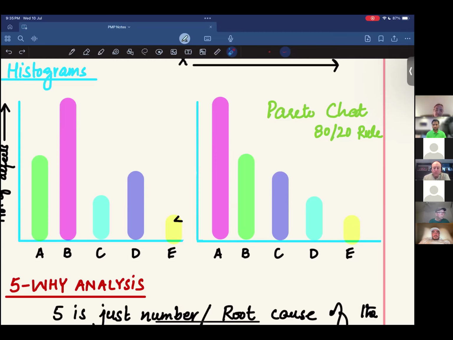For example, if type A defect is occurring 100 times and type E defect is occurring 3 times, there is no point in focusing on type E. You should focus on A. So to determine where you should focus, you develop a Pareto chart. It's more like prioritization of defects. That's really important if you want to handle the problem.